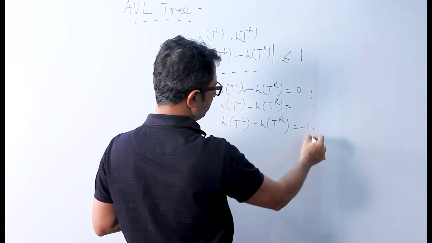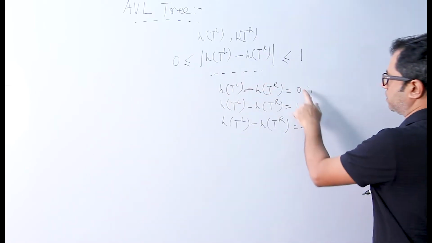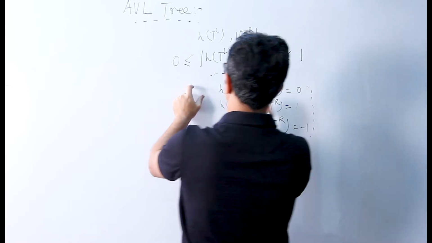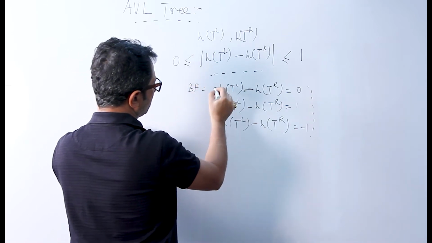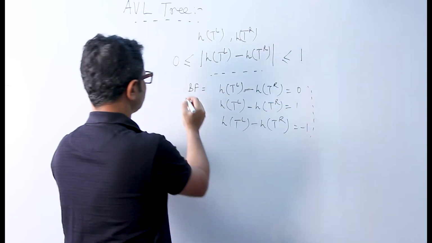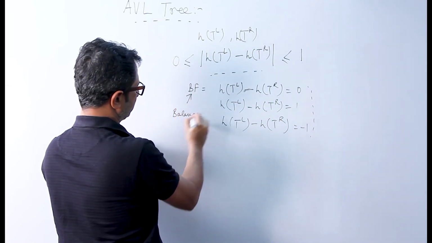So the value will vary over 0, 1 and minus 1, and lie within these three values. This is the balance factor. The balance factor is nothing but the height of the left subtree minus the height of the right subtree. I will write the full form as well: balance factor.